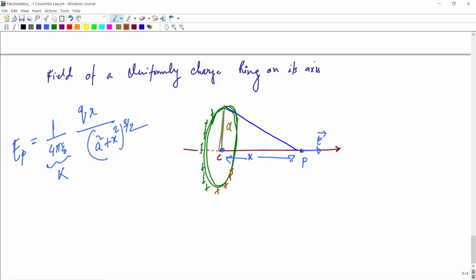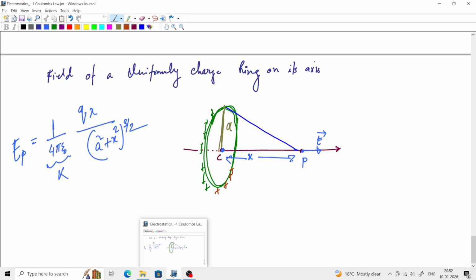Next we discuss the electric field and potential of a uniformly charged sphere.